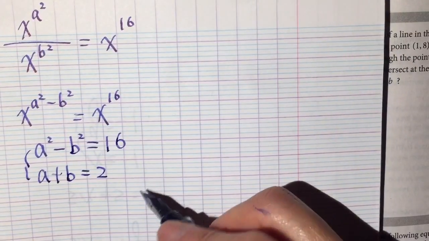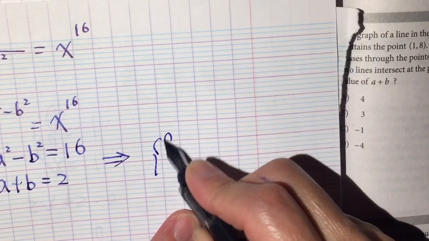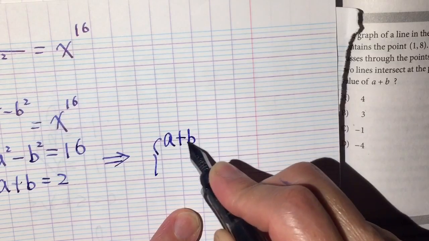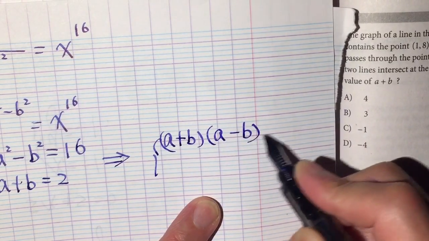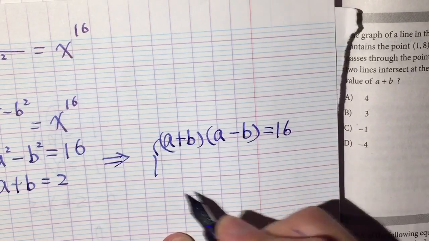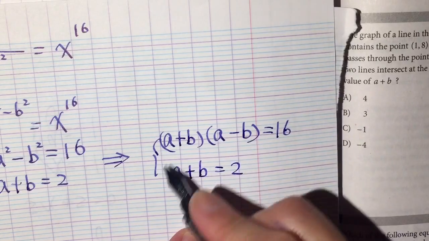Easy peasy lemon squeezy, because we can get a plus b times a minus b equal 16. A plus b equal to 2.